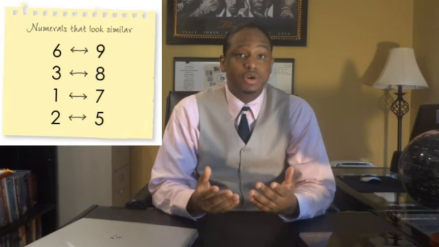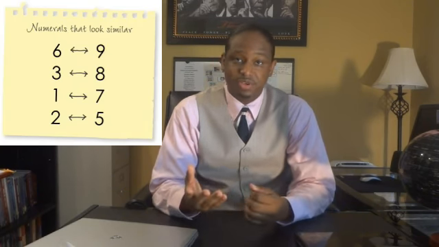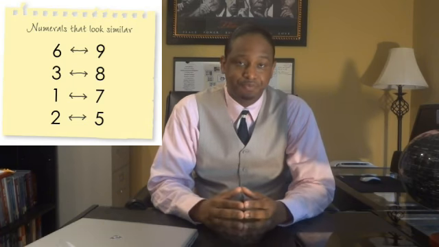We also have to look at the role of visual discrimination in mathematics. Coming up with numbers and mathematical concepts relies foremost on the ability to distinguish between different number symbols. As with letters, several numbers are similar in formation, such as 6 and 9, 3 and 8, 1 and 7, and 2 and 5.